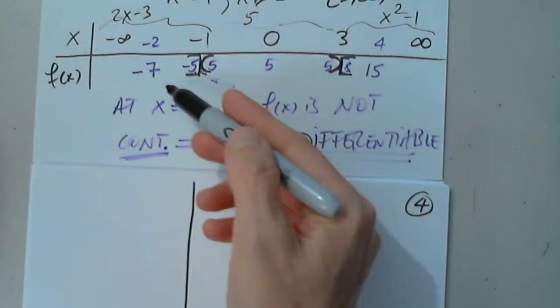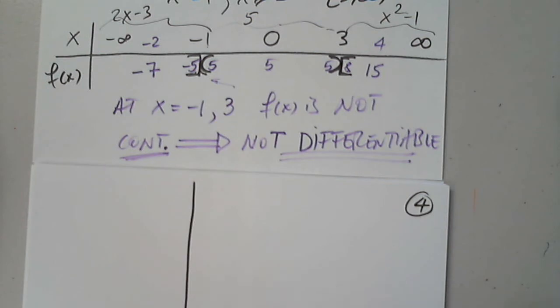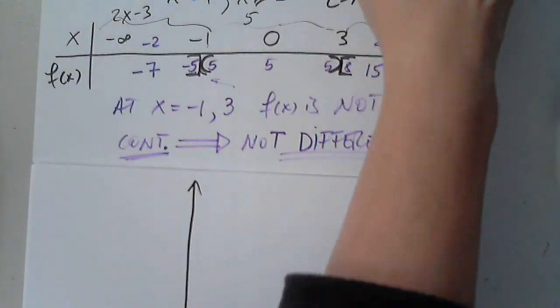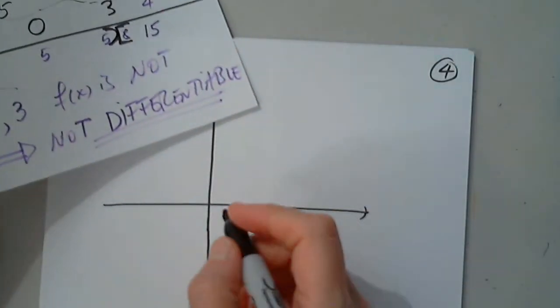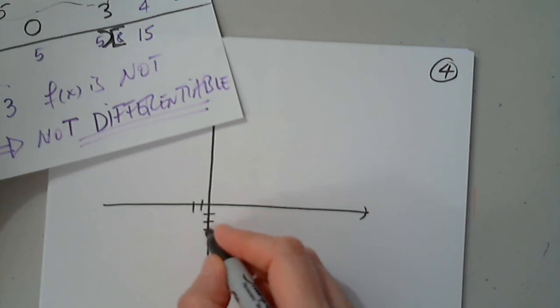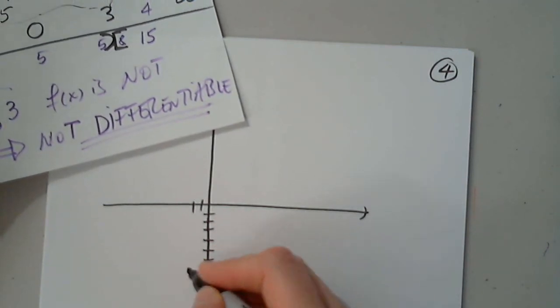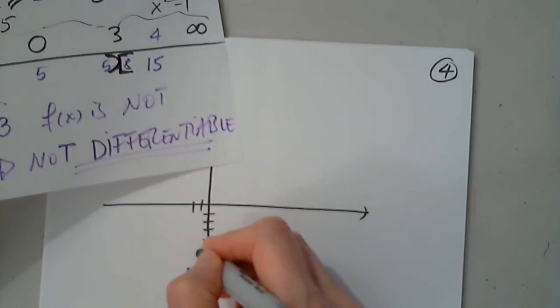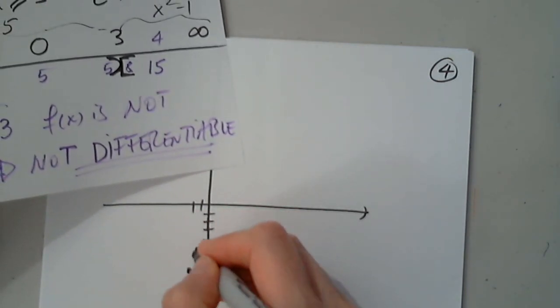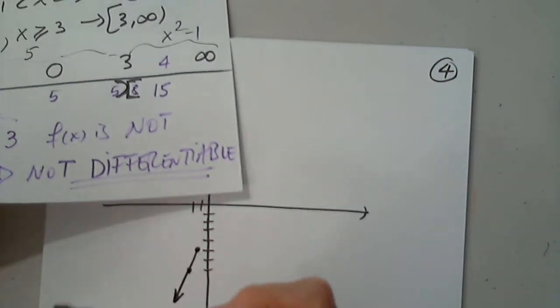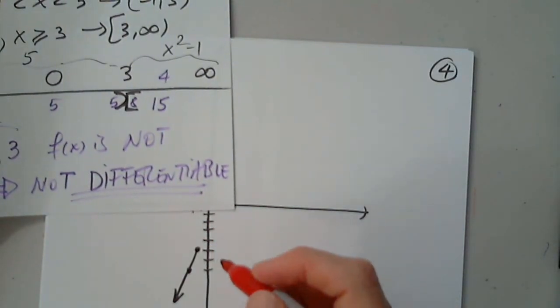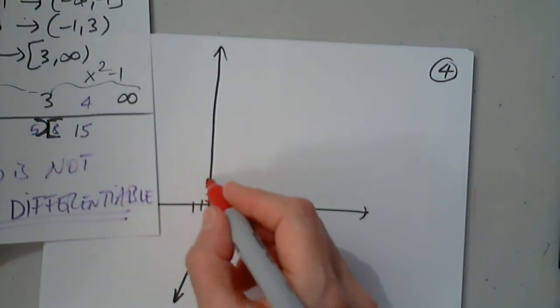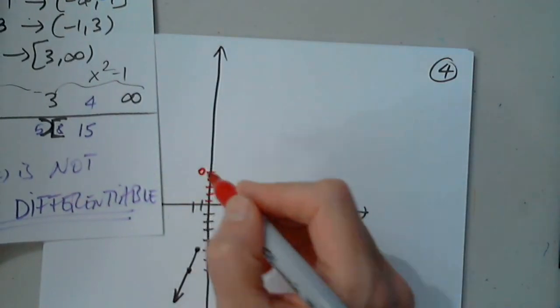So it goes up to 15. Okay. (-2, -7). (-1, -5), a full point. (-1, 5), an open point.